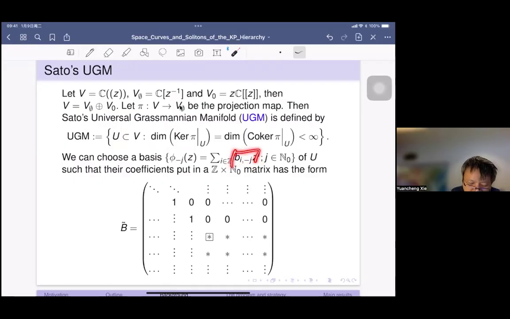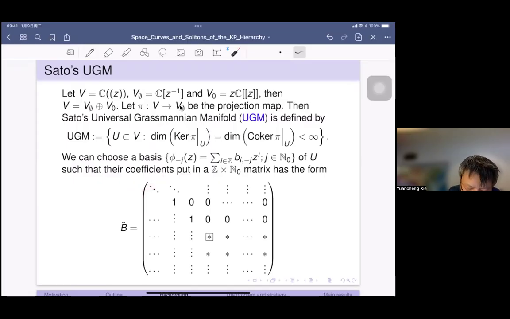We put these coefficients into a giant matrix of size Z by N, where Z is the integers and N is the natural numbers.